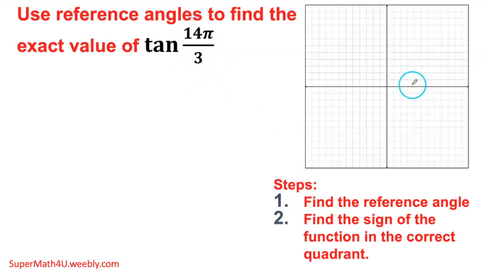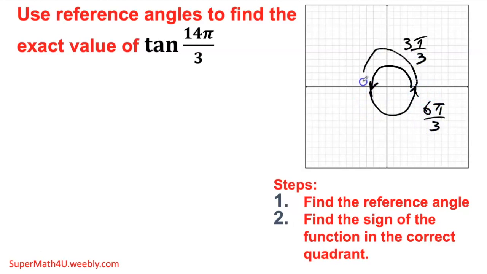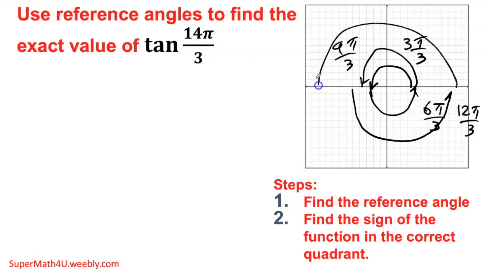So let's go fast. This is 3 pi over 3. And another 3 gives me 6 pi over 3, and another 3 gives me 9 pi over 3. And if I go another 3, 9 plus 3 is going to give me 12 pi over 3. I need to get to 14. If I go another 3, 12 and 3 gives me 15 pi over 3, and I went too far. So let's stop here.